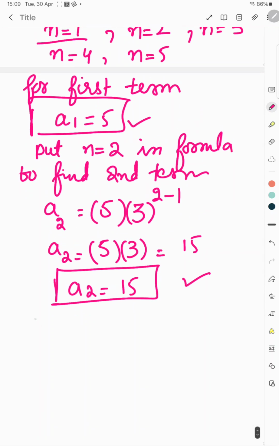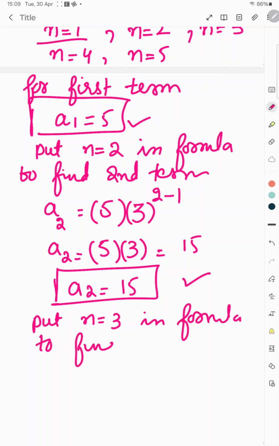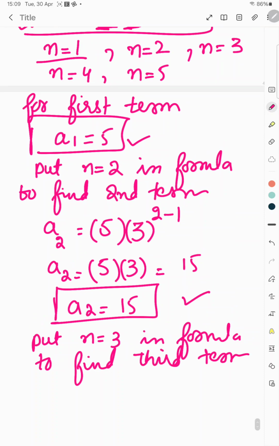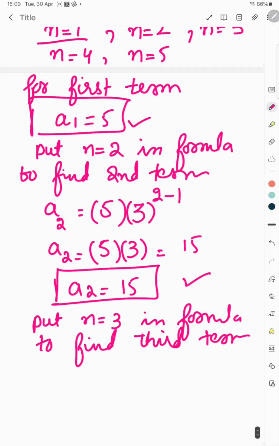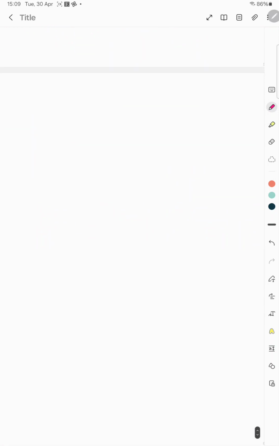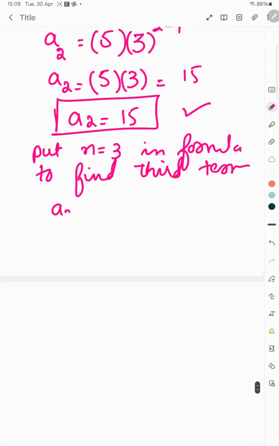Now for third term, put n is equal to 3 in nth term formula to find third term. Okay, student. So again the formula is an is equal to a1 r to the power n minus 1. So I will write formula here again, so you don't have to be confused.